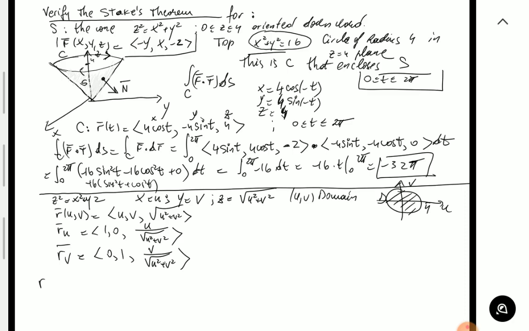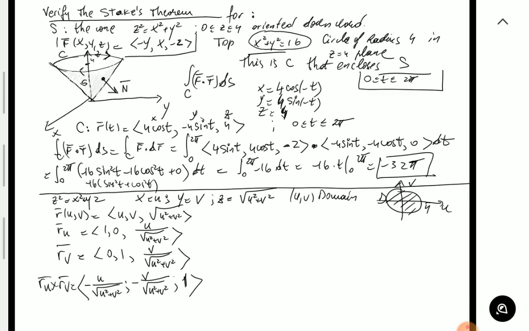Okay, what about Ru cross Rv? First component will be minus u over square root of u squared plus v squared. Middle component is minus v over that radical. Last component 1 minus 0, which is 1.